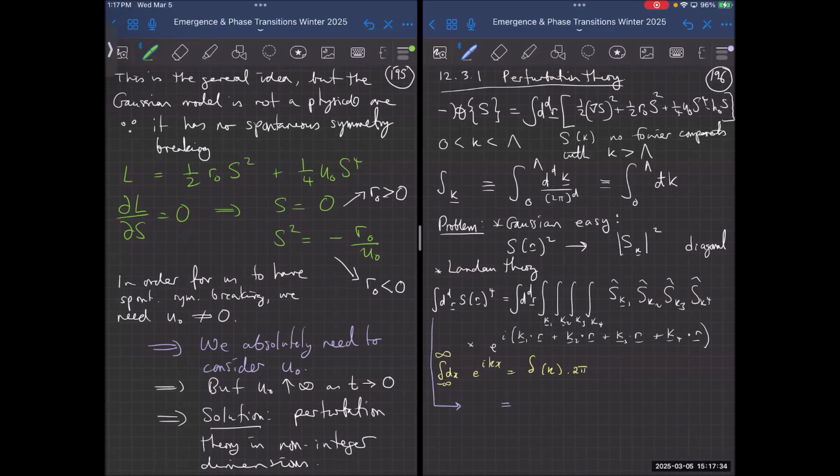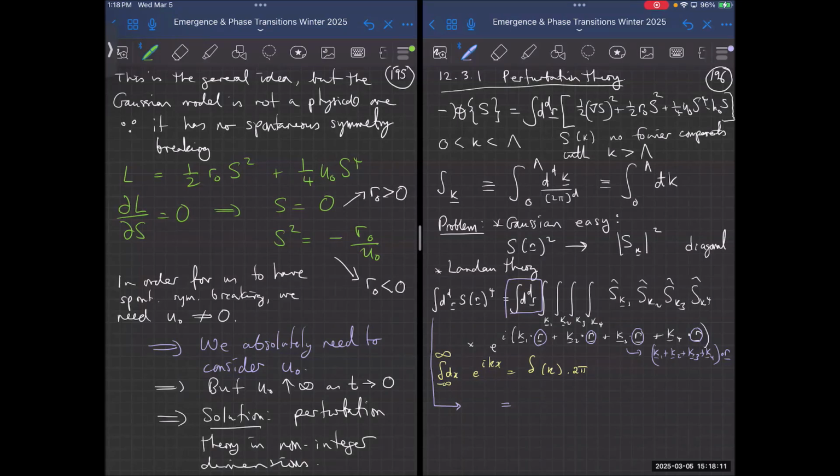I can do the integral over r because k is just a label. R occurs here, here, here, and here. In fact, this is just k1 plus k2 plus k3 plus k4 dotted with r. So this is just the integral dr of e to the i k dot r. That is just a delta function.